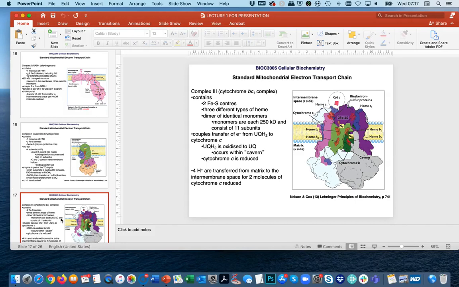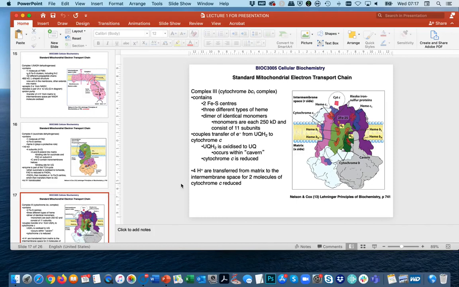Each of the monomers is 250 kilodaltons, so about the same size as complex 2. Again, even as a dimer, it's smaller than complex 1. So complex 1 is still the biggest, right? There are 11 different subunits in complex 3, but interestingly, the function of only several of them are known. The others, we just don't know what they do, right?